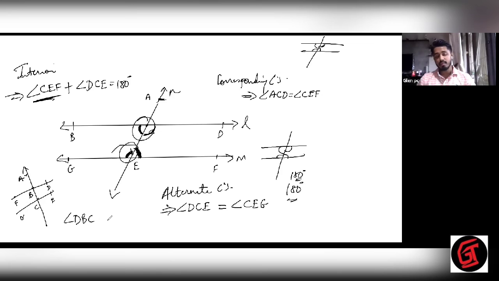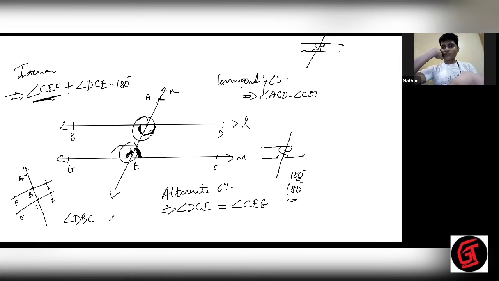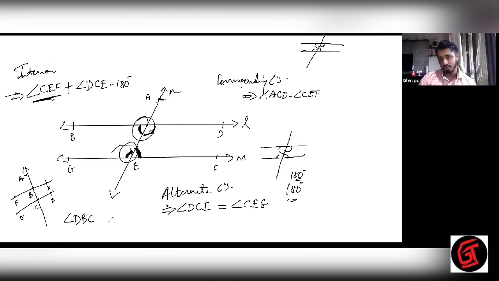Superb, Nathan. DBC and BCE, are they equal? Are both the angles equal, Nathan? Yes, sir. Interior angles are equal? Nathan, what you are saying, think and talk. Corresponding and alternate are equal.